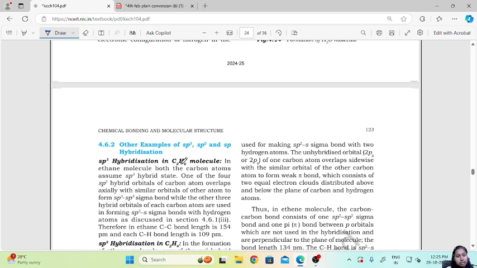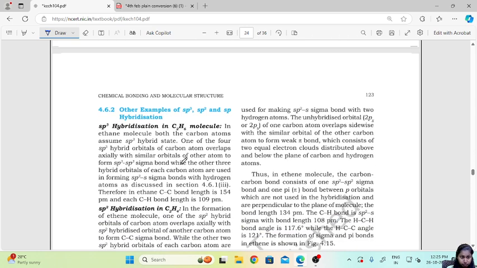Now other than this, sp3, sp2 and sp hybridization have examples involving alkanes, alkenes and alkynes. For example, sp3 hybridization is involved. A basic example that can be given is C2H6.